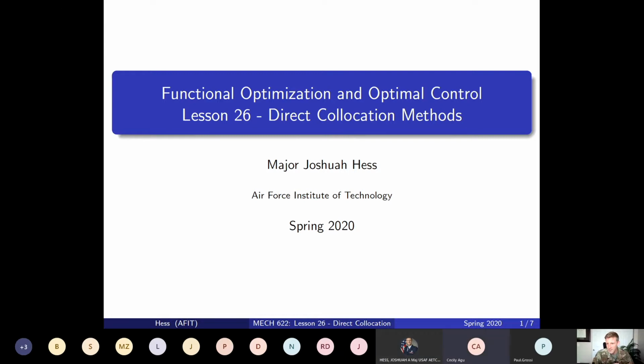Yes, sir. Is it like directly numerically solving for something? Yeah, so the direct part of that is where we're directly solving that approximation of our optimal control problem. The collocation part is the interesting part of this, right? So what were we doing with shooting methods in terms of, let's say, the state dynamics?